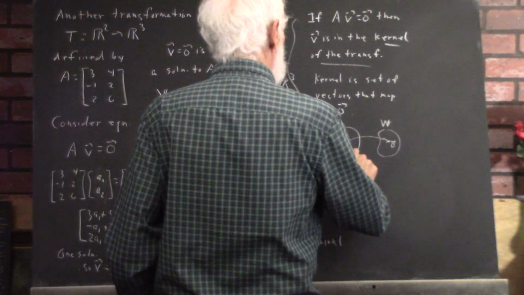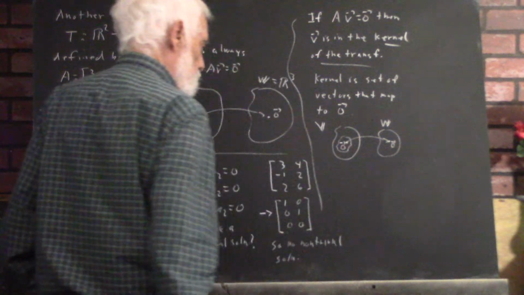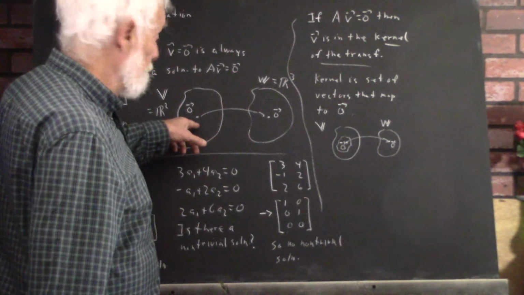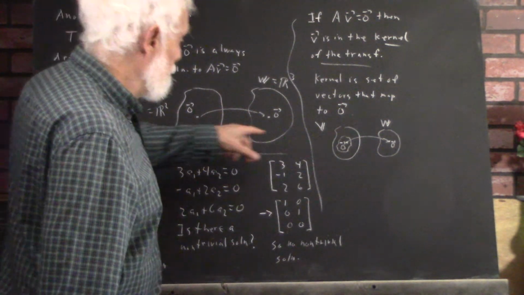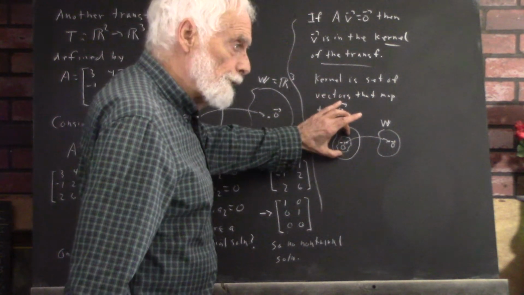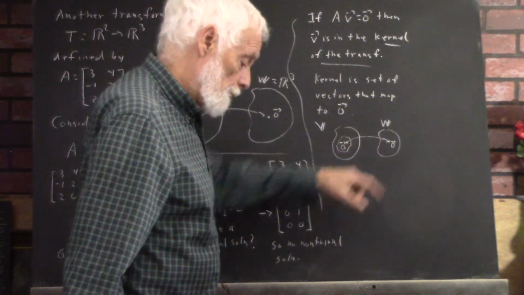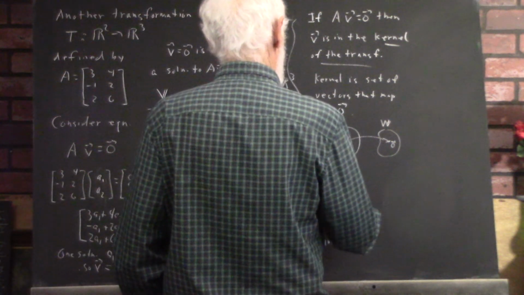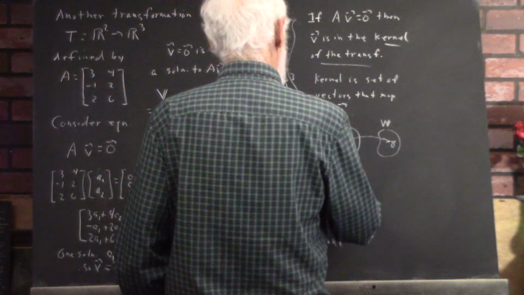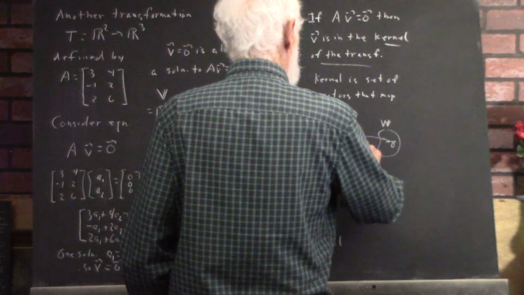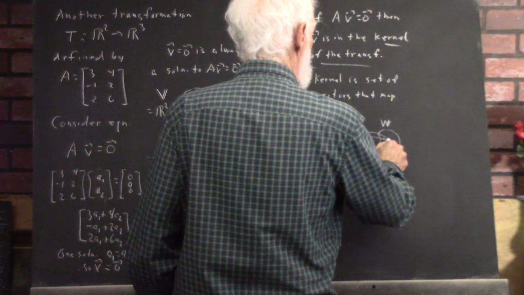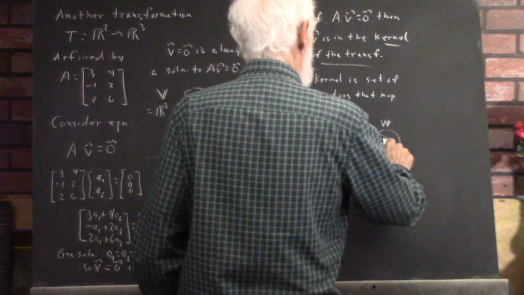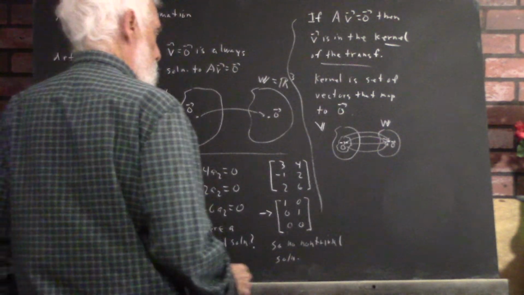Well, there's some subspace of V that maps to the 0 vector. In this case, that subspace is just the 0 vector. But in other cases, you could have a whole bunch of vectors here that map to the 0 vector over here. So all the vectors here map to the 0 vector over here.